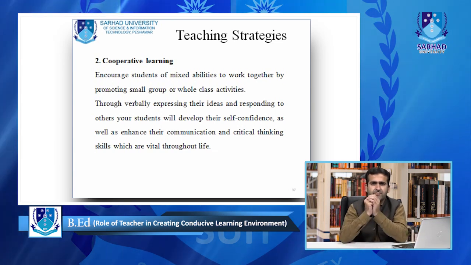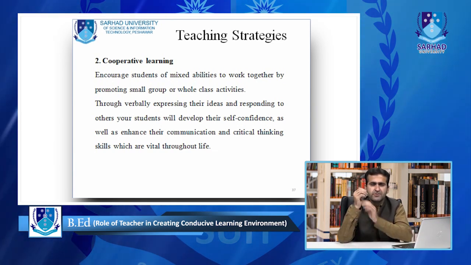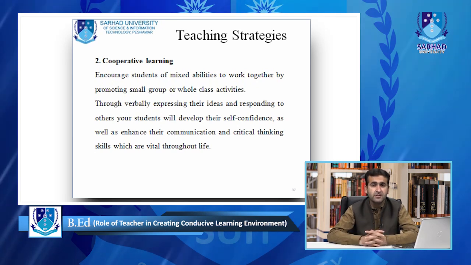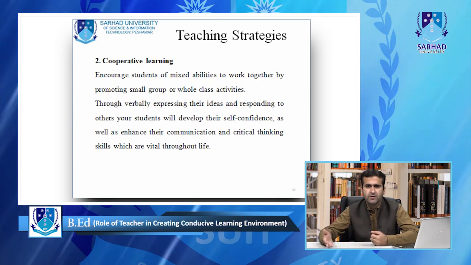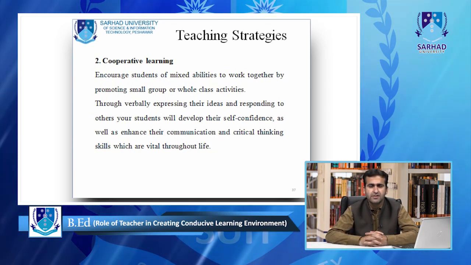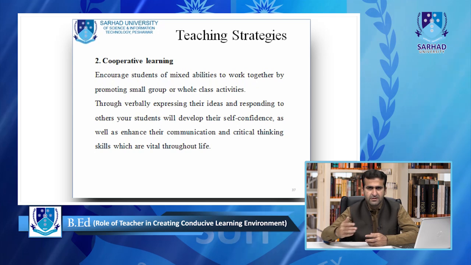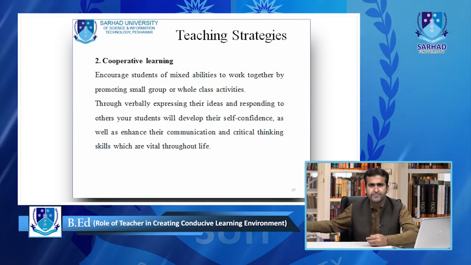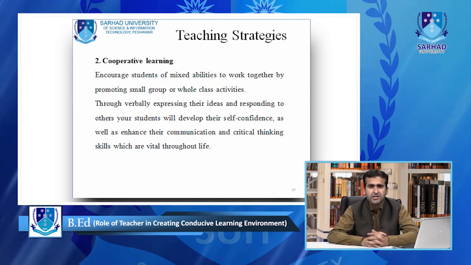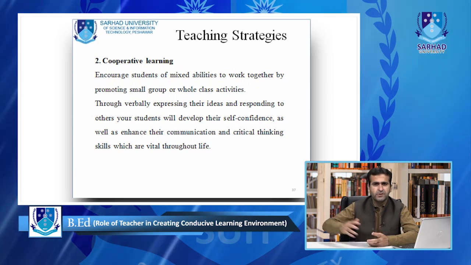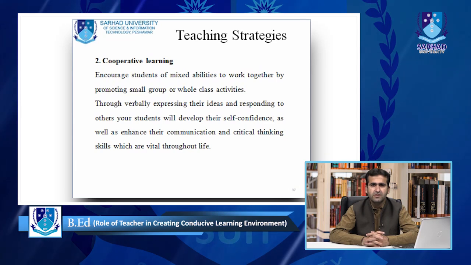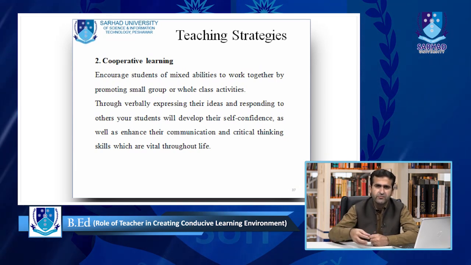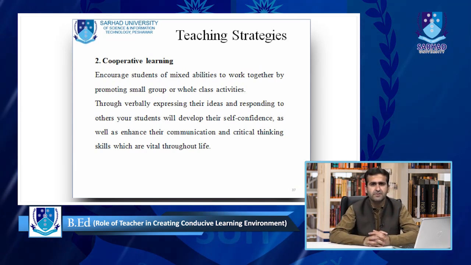From the mixed abilities we mean that if the writing style of a student is very excellent, is outstanding, we need to work upon his learning style as well. If his learning style is outstanding, we need to work upon his presentational skills. If his presentational skills are also excellent, we need to work upon his behavior. If his behavior is also good, we need to work upon his professionalism.